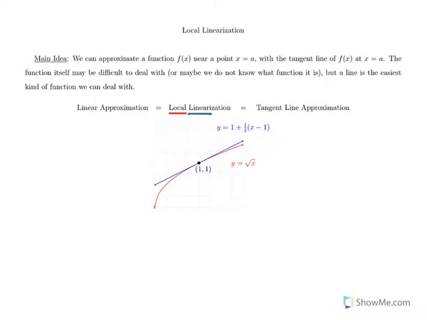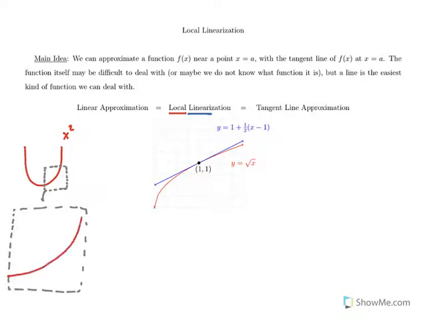And this is the idea that if we look at a function like x squared, that is not a linear function. But if we could zoom in on a piece of that function, we would see that this is starting to look maybe more linear.